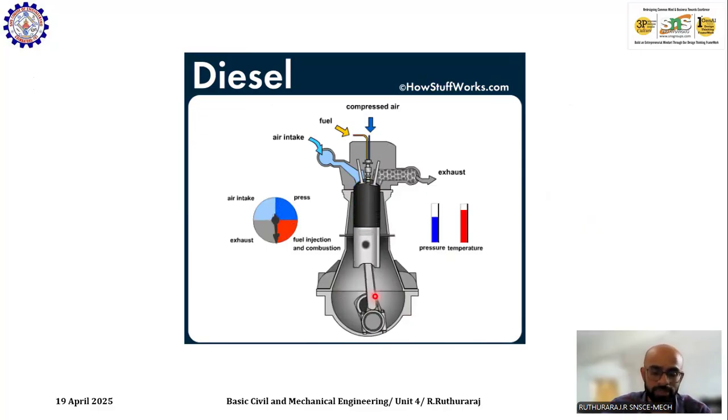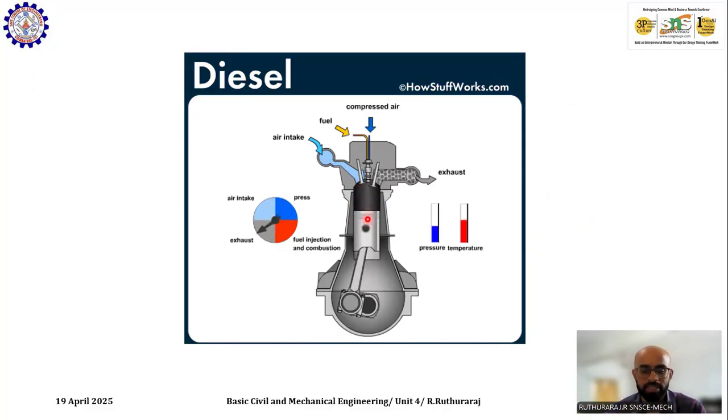The connecting rod transfers the movement of the piston to the crankshaft, which causes the crankshaft to rotate. This rotation is in turn transmitted to a shaft called the transmission shaft. That transmission shaft will transmit the power to the wheels. That's the working of an automobile engine.